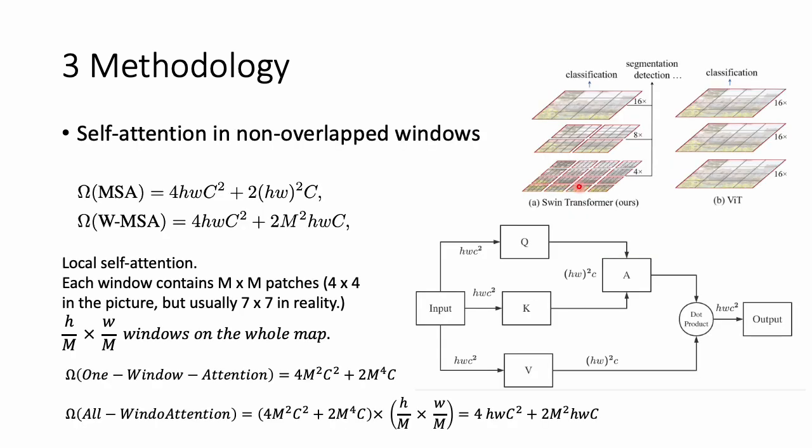First, let's look at the window-based multi-head self-attention layer. The feature map is divided into several small windows. Each window contains m by m patches. Assume the map size is h by w. Then the window number is h over m by w over m.